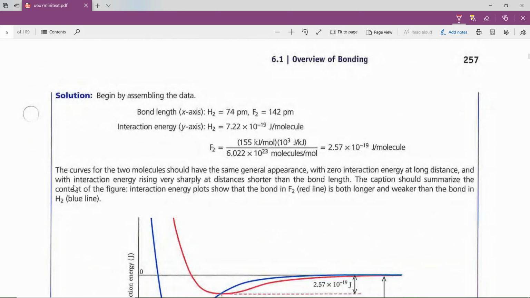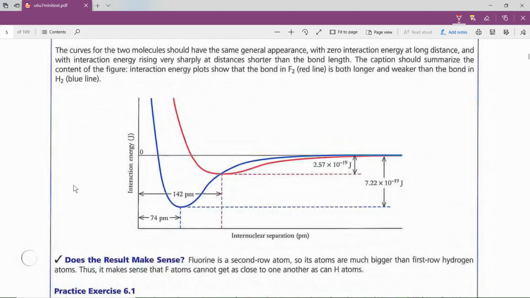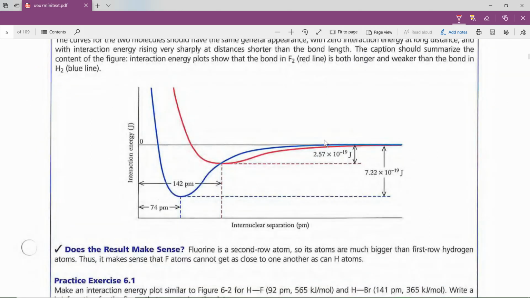So if I'm looking here, the blue one is the hydrogen. Oh, okay, it turns out that I said fluorine was lower, but no, it's higher up. So the well is shallower in the fluorine than it is in the hydrogen.